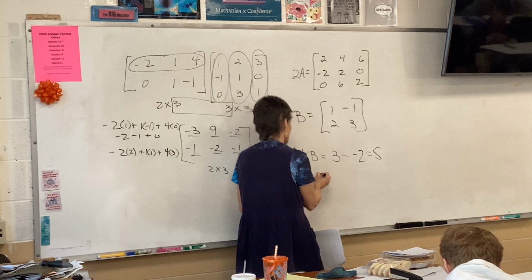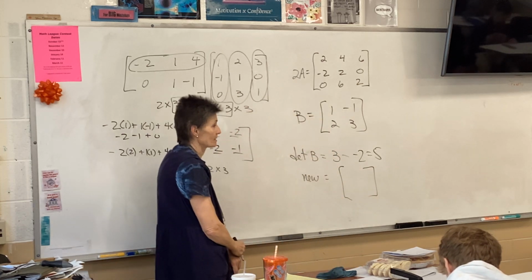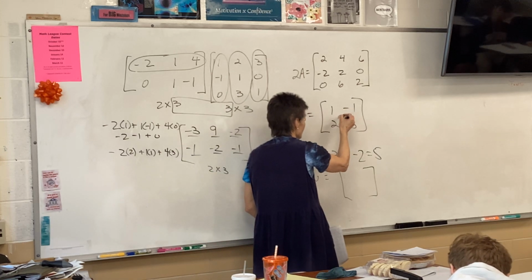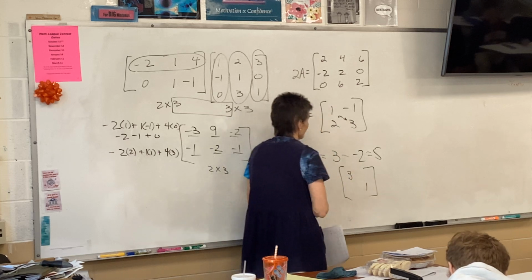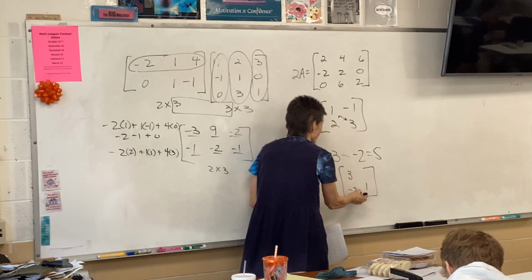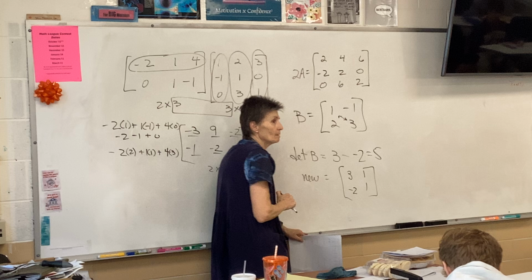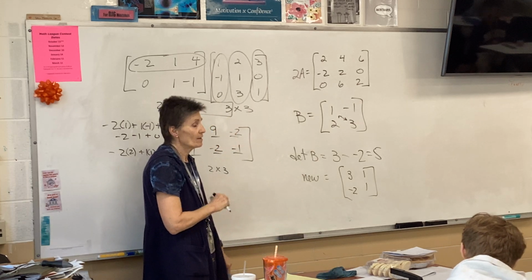What is the second step? New matrix. And how do we build the new matrix? The top left and bottom right, these guys right here, switch places. So 3 and 1. Change the sign. That's a positive 2, so I write negative 2. That's a negative 1, so I write positive 1. And then what's my answer?